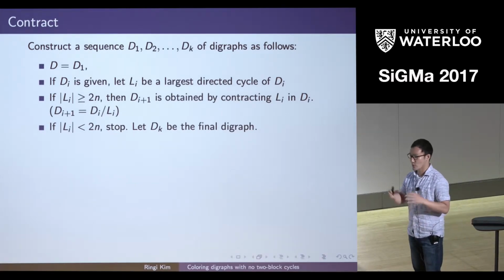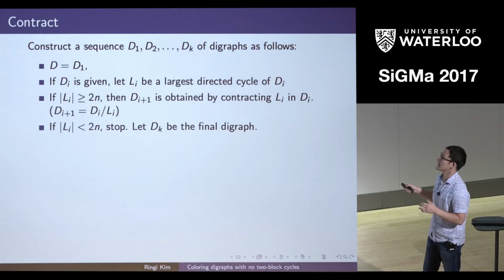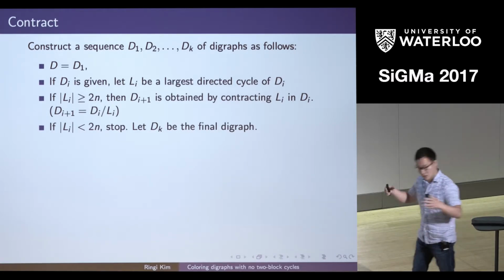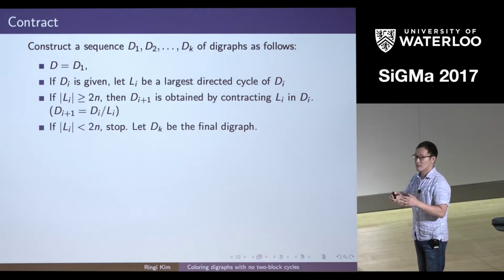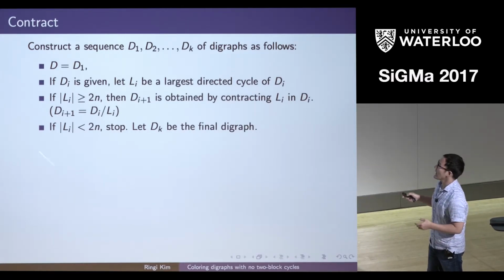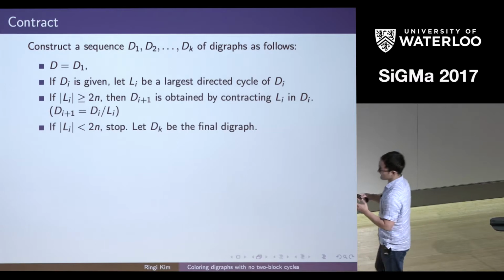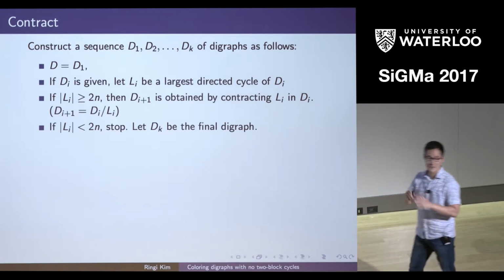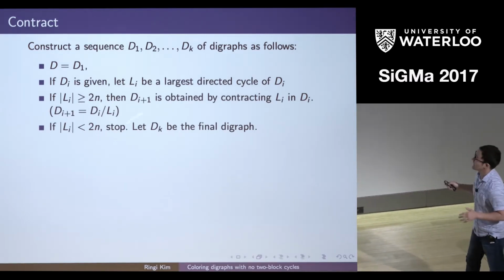If Li is long, so its length is at least 2n, then we contract Li to obtain Di plus 1. And if Li is small, its length is less than 2n, then we stop this process and let Dk be the final digraph.